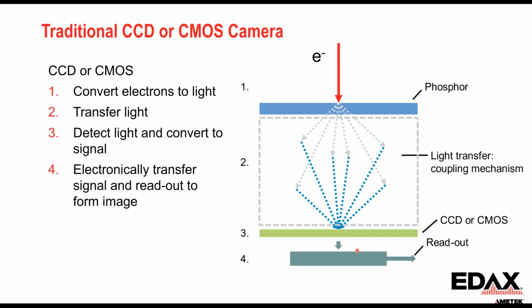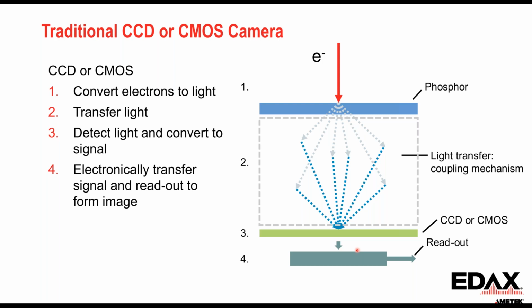So just to show this schematically, this is a picture of a traditional CCD or CMOS camera. For the last 20-something years, we used CCD cameras for maybe 15 of those. In the last 5 years or so, we've transitioned to CMOS cameras for higher throughput.